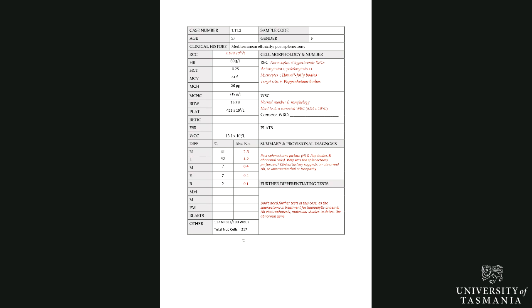So yes, there are all sorts of things, you know, the aniso and poik and the microcytes and the target cells and Howell-Jolly bodies and Pappenheimers. That's all the sorts of things there with the post-splenectomy. So you can see here why the post-splenectomy was performed, and you can see down the bottom there it is a treatment for hemolytic anemia, but also for other forms of abnormal hemoglobin where the red cells are being prematurely destroyed as well.